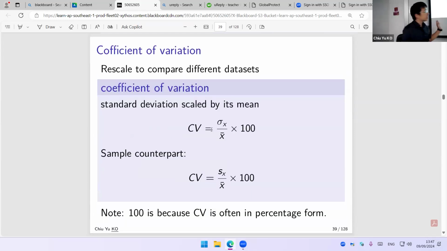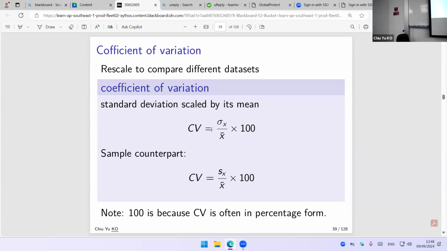And finally, talk about the CV. This is very useful when you compare across data sets. As last time I said, you want to compare the variance of the midterm versus the variance of the final, right?